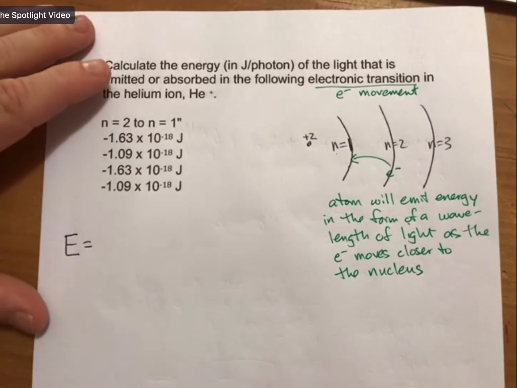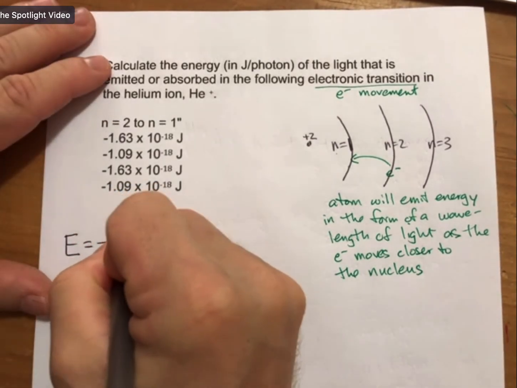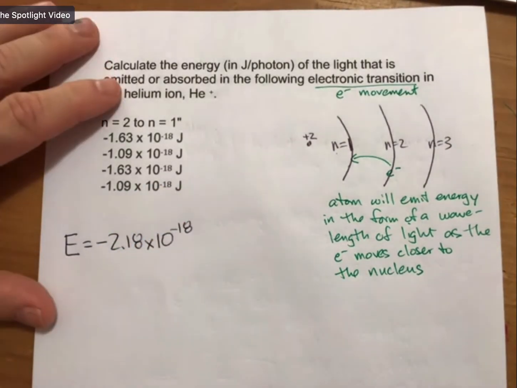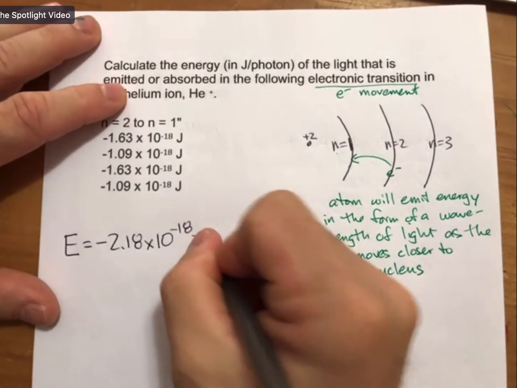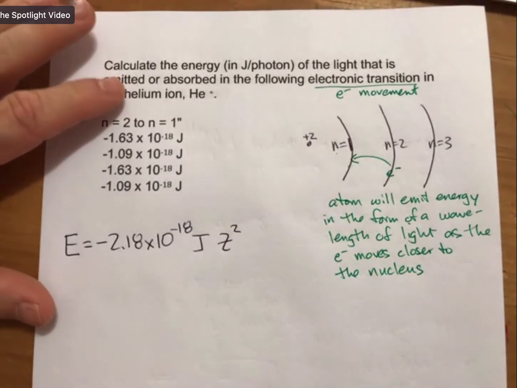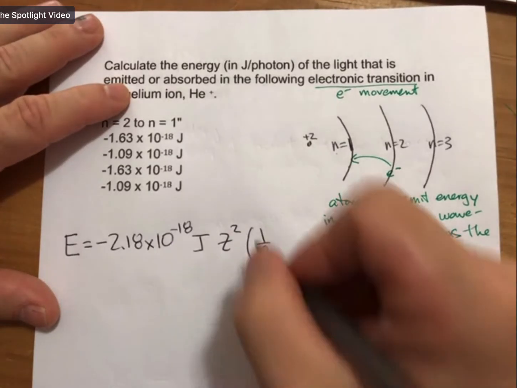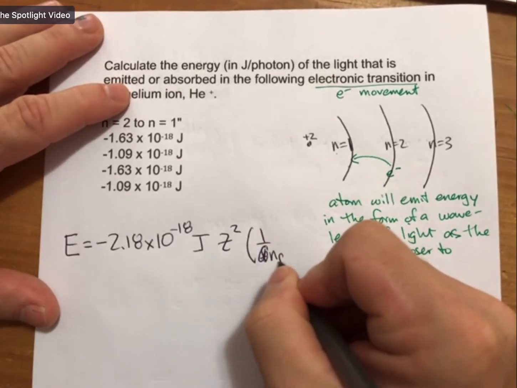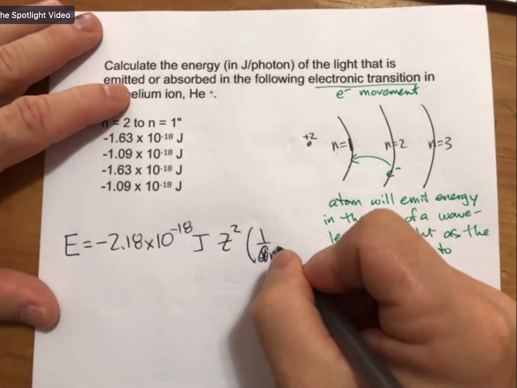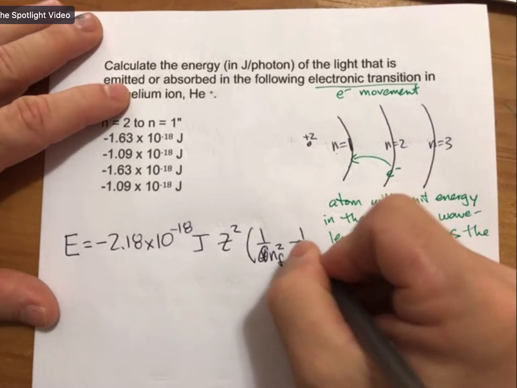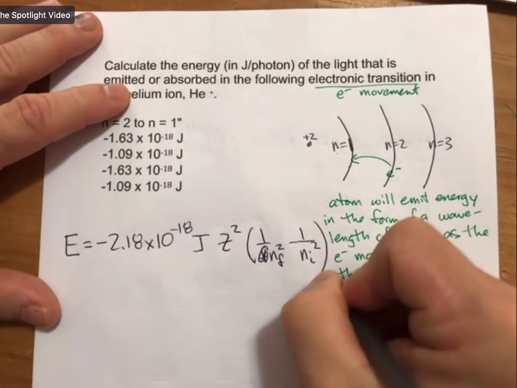E equals minus 2.18 times 10 to the minus 18 joules, Z squared, 1 over n final squared minus 1 over n initial squared, like so. I made the f big, but it should be a subscript.